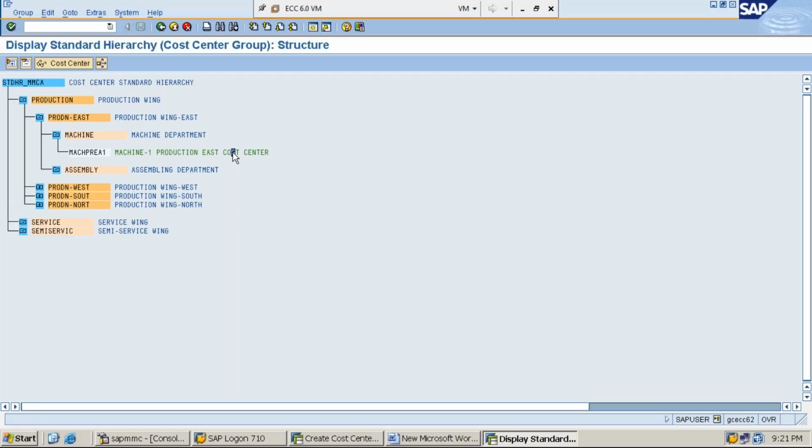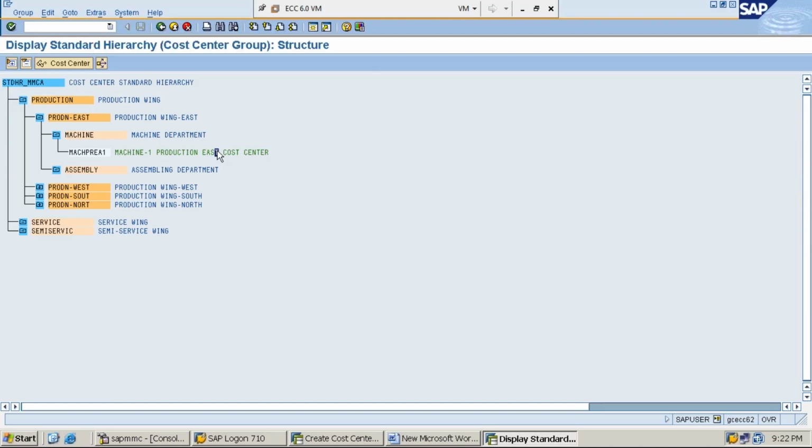So what are the expenses that are incurred by the organization? Those expenses must have been incurred for performing various activities or operations, correct? Yeah. Operations and activities are happening at cost center level, correct? Yeah.